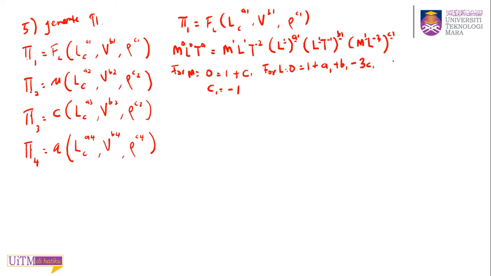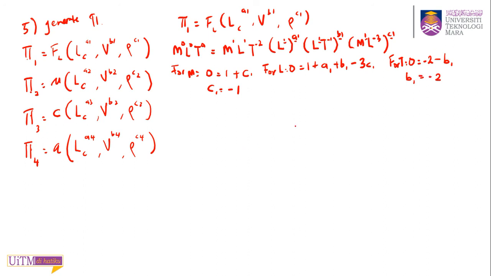Solve for T first, so 0 equal to, we have minus 2 plus, T here, plus 1T here, minus 1 times B1, so this will be minus B1, and here is no T, so we have B1 will equal to minus 2.